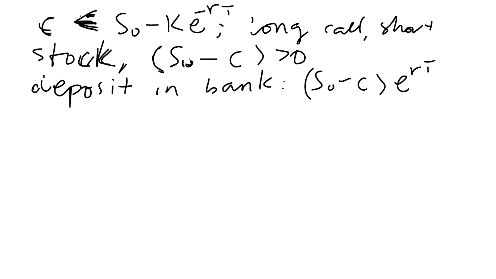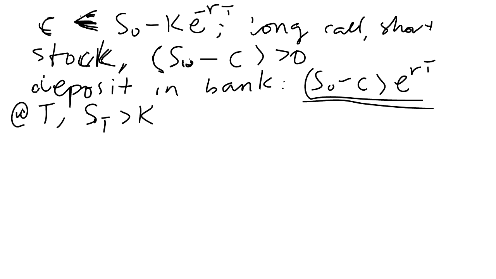Okay, then at capital T expiration time, what do we have? We have one long call, one short stock, and we have this amount of cash. So if it's exercised, which means it's in the money. If it's not exercised, it's out of money.